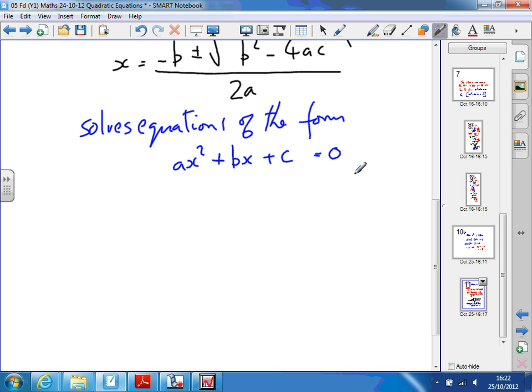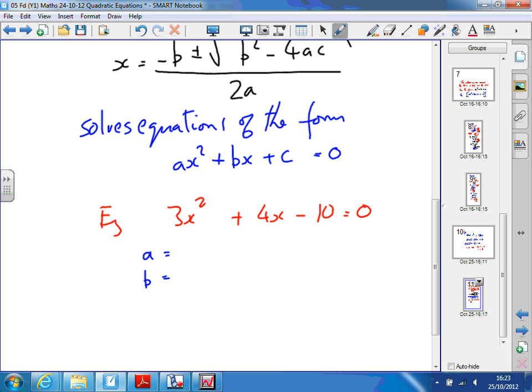Let's have a go at an example. 3x squared plus 4x minus 10 is 0. First thing you do is identify what a is, and what b is, and what c is. So a is 3, b is 4, and c is minus 10.